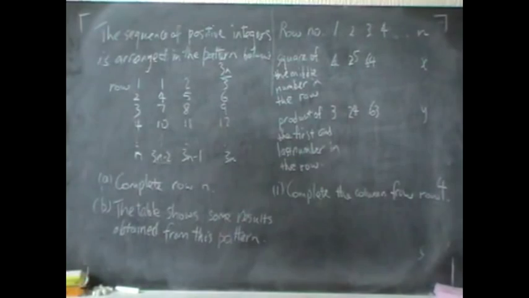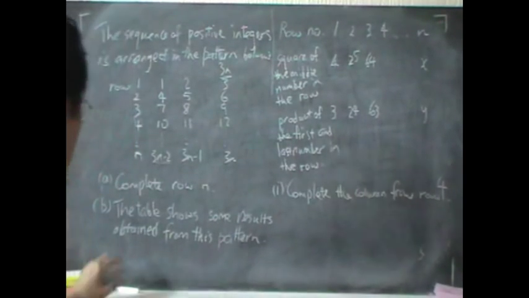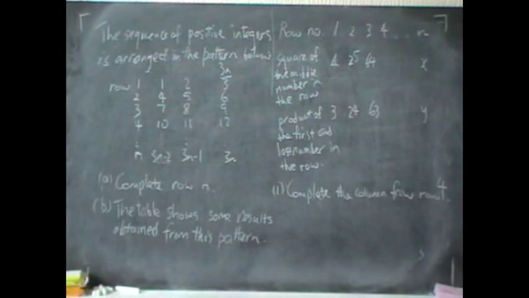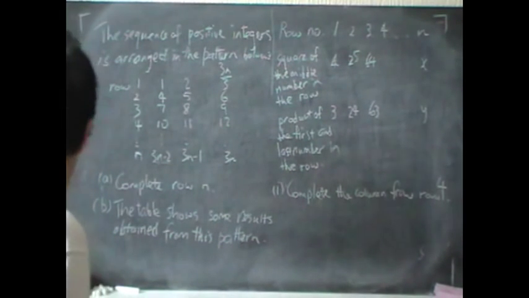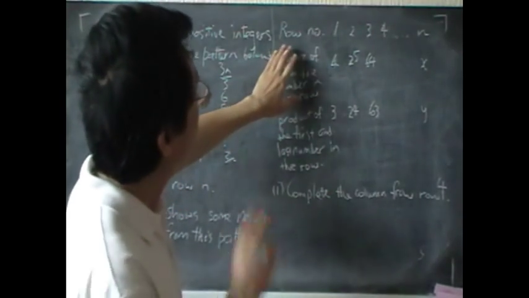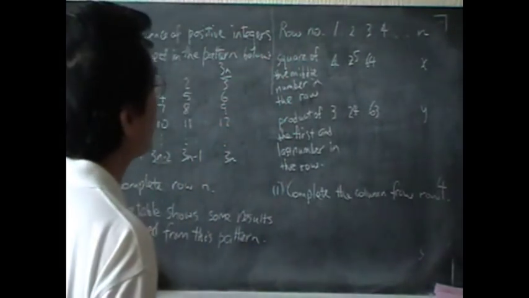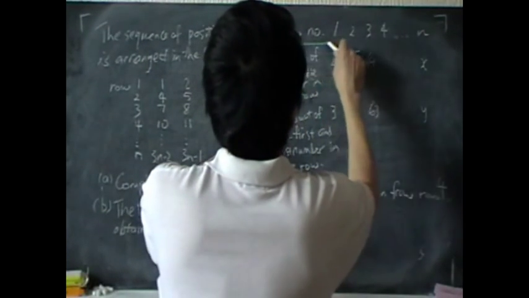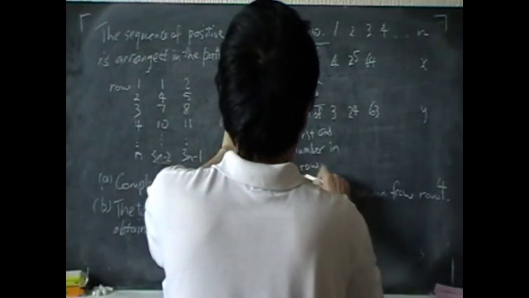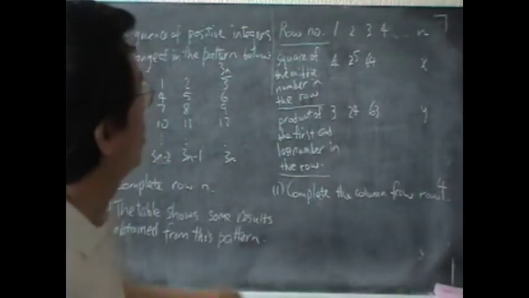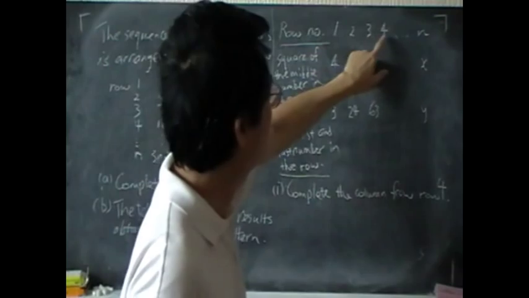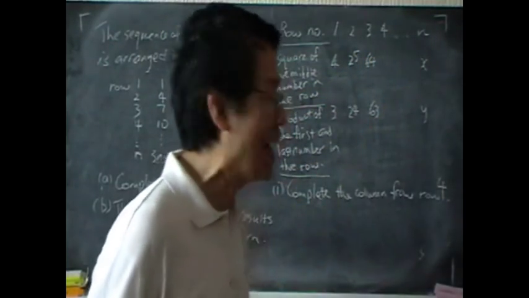Let's look at the next part of this question. Part B, the table shows some results obtained from this pattern. Now, what we have here, there's quite a lot of details there. We have row number 1, 2, 3, 4, dot, dot, dot, n.